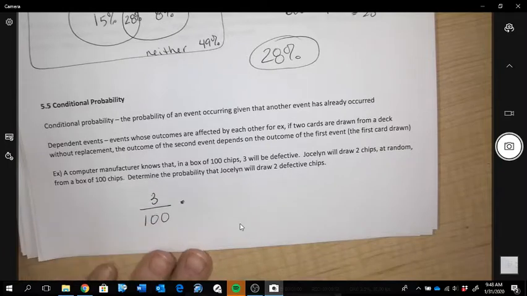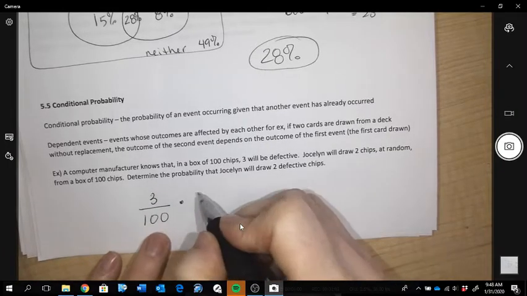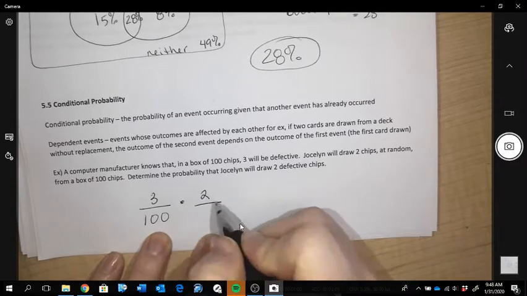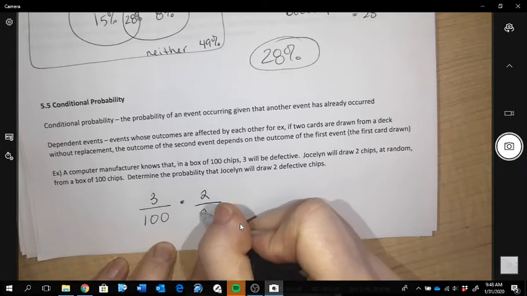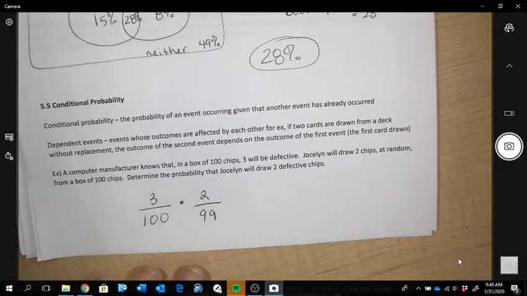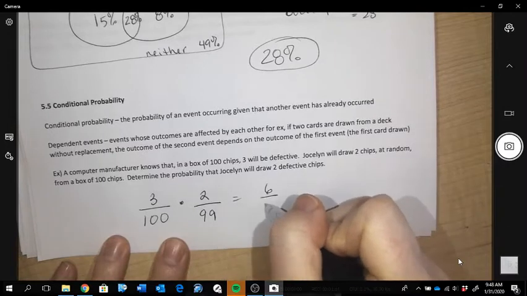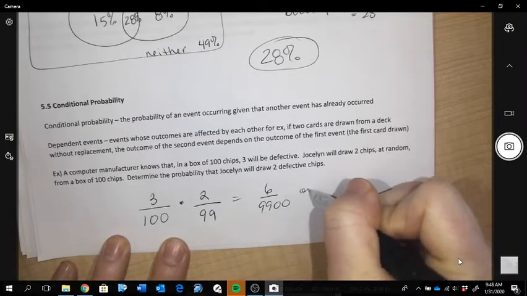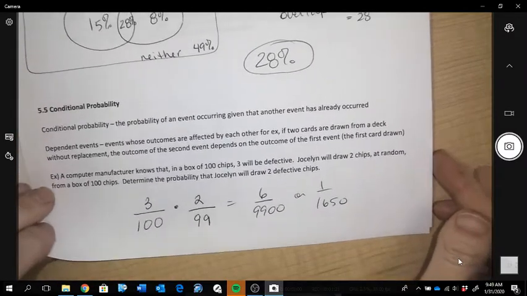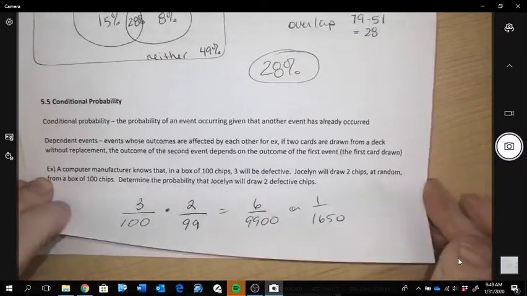And then on the second draw, since that one would already be out of the picture, she would only have 2 chances to get a defective one out of, and now there would only be 99 left to pick from. So that's the probability. Okay, so that's without replacing.